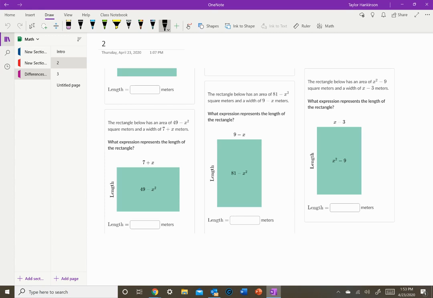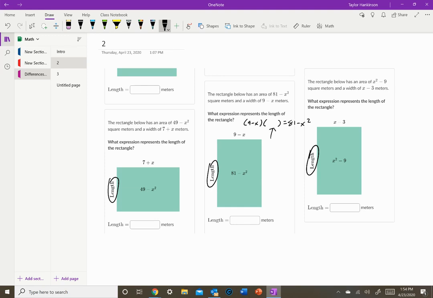We have the term inside, and we have one of the outsides, and our goal is to figure out what the other length is. What this is really saying is 9 minus x, times something, equals 81 minus x squared, and we have to fill in the something.